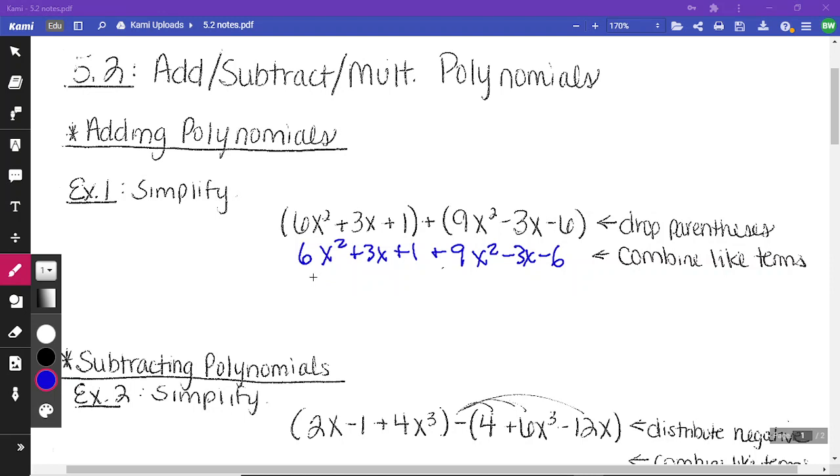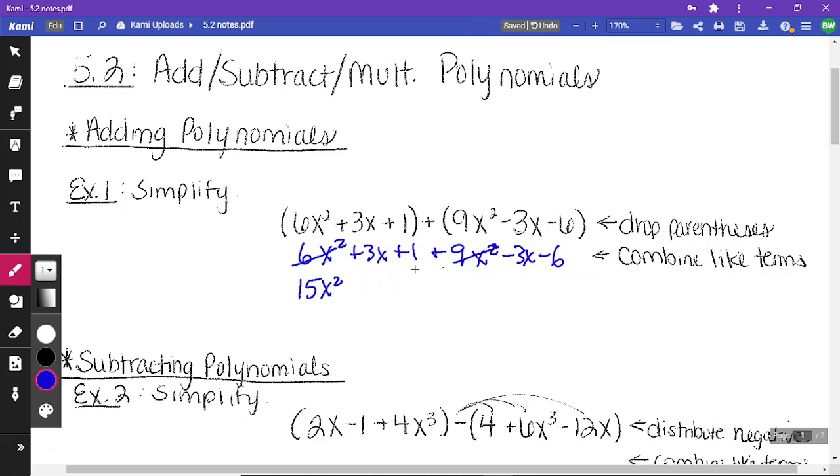I was just double checking something. Sorry about that. So that's 15x squared, and we cross off the 6x squared and 9x squared because we're through with those.